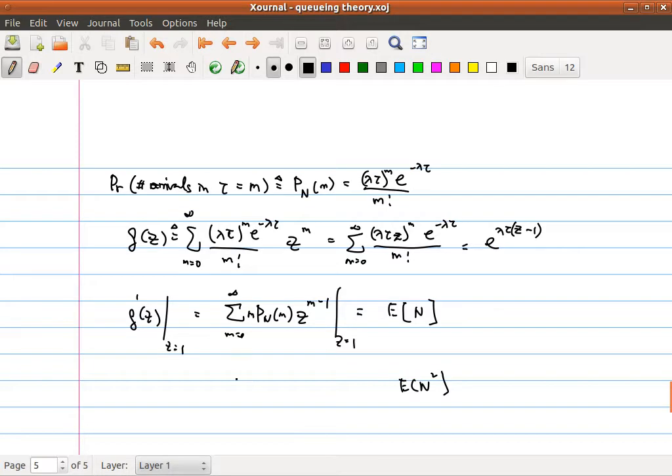So what I'm going to do is multiply by z first. So I will have G(z), then have again m going down here, but I will multiply by z first, so therefore this will become z times the derivative here. Then I take the derivative again. Then if I take the derivative again, I will have m squared now.